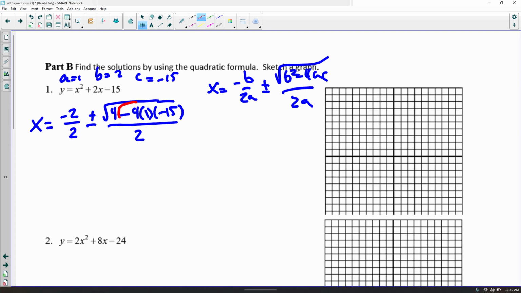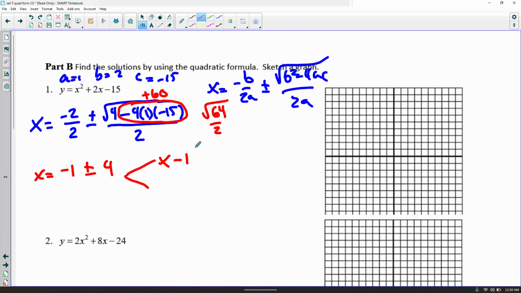So what'd you find this out to be there, Autumn? What's circled in red? That is 60. That is a plus 60 right there. So that gets you a total of 64. And we know the square root of 64 is 8. So we're going to x equals -1 plus or minus 8 over 2, which we could write as what? 4. And I'm going to separate it into two different equations.